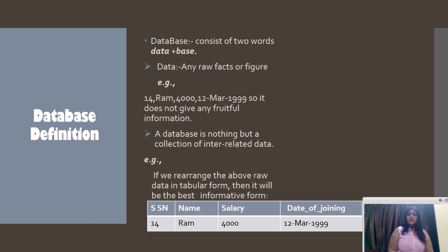So again we are repeating here. Here is our data 14 RAM 4000 and this date, but it doesn't give any information. But if we arrange this in tabular form, with the SSN number or any serial number, name, salary and date of joining, it will give the information of a person Ram whose SSN ID is 14, whose salary is 4000 and who joined the organization on 12th of March.